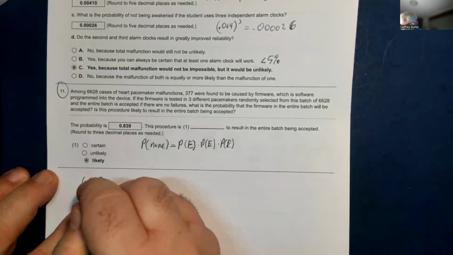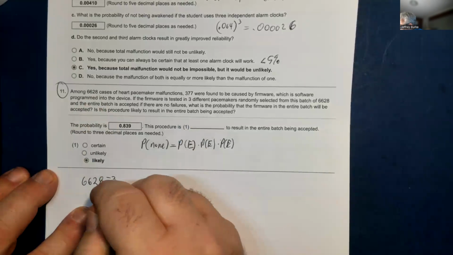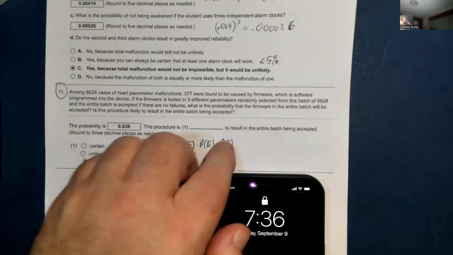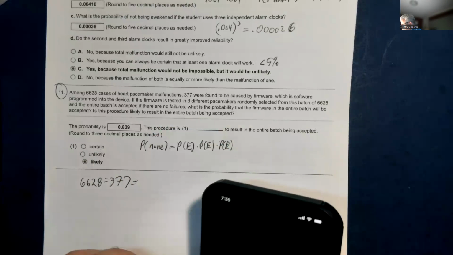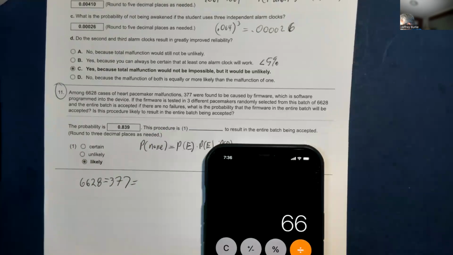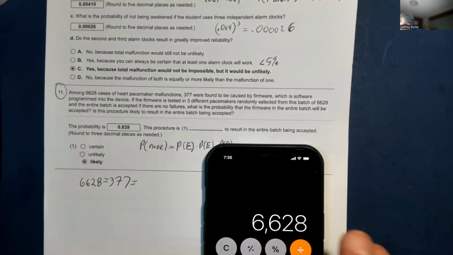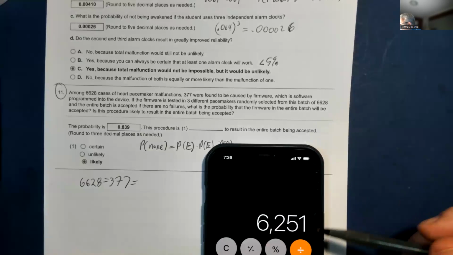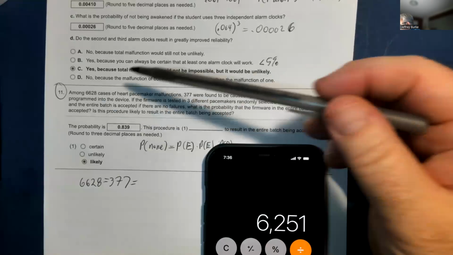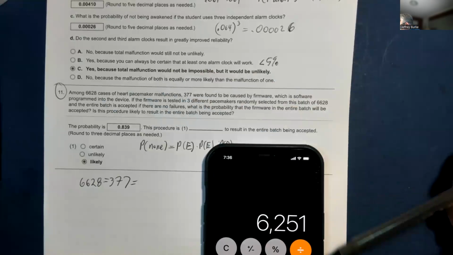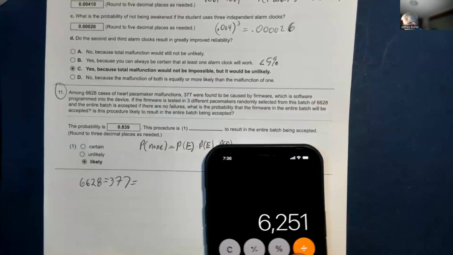This would be 6,628 minus 377, because either they're going to be effective or they're not. So of those 6,628, we can expect 6,251 to be working. And that'll be the number of effective ones.